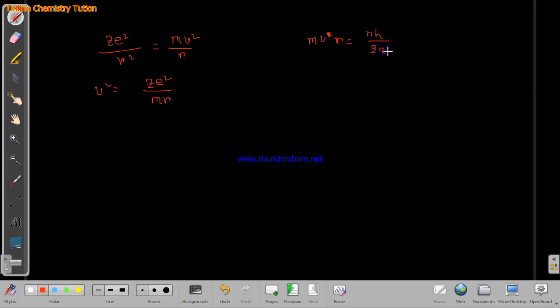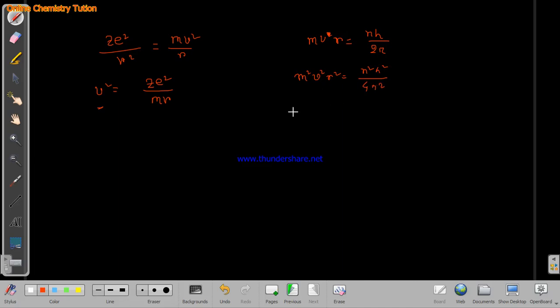This is Bohr law, and we have to put the value of v square here, to write that m square v square r square equals n square h square by 4 pi square.